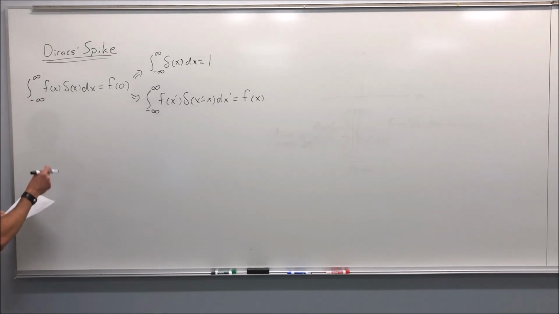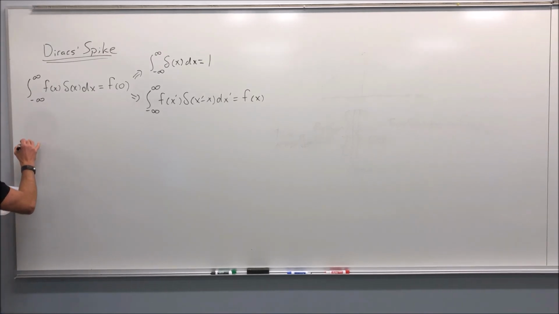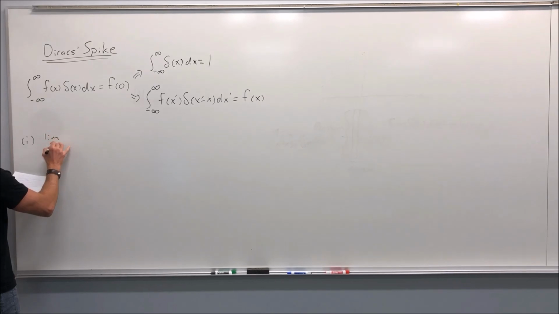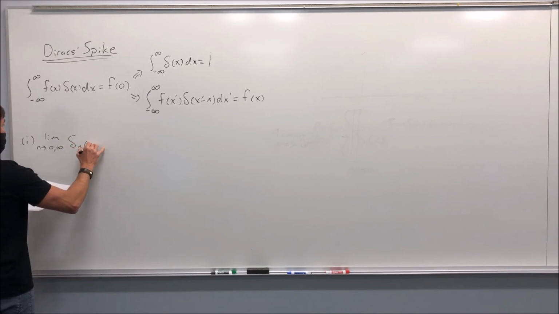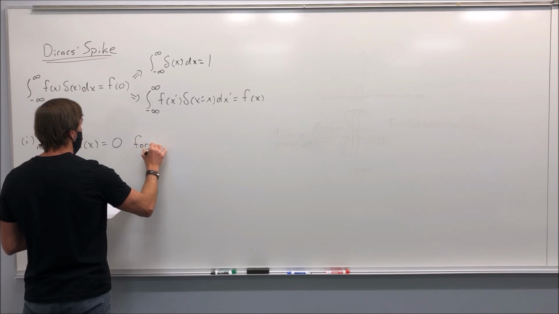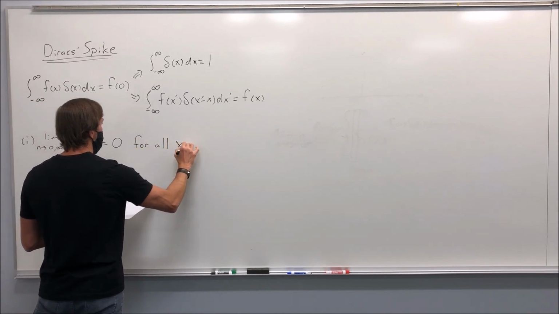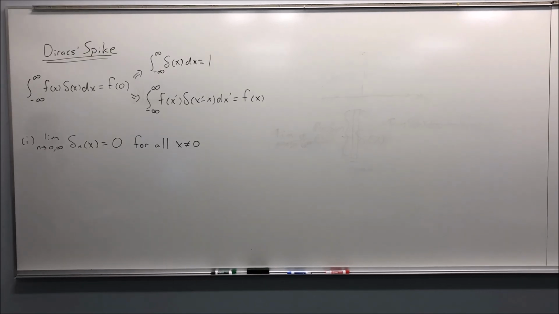Now, how can we relate this definition of a delta function to the limits of functions? Well, we've got two options. One, we can say that the limit as n goes to 0 or infinity of delta_n of x equals 0 for all x not being 0. That seems like a good criterion that this needs to satisfy if it's going to limit to a delta function.